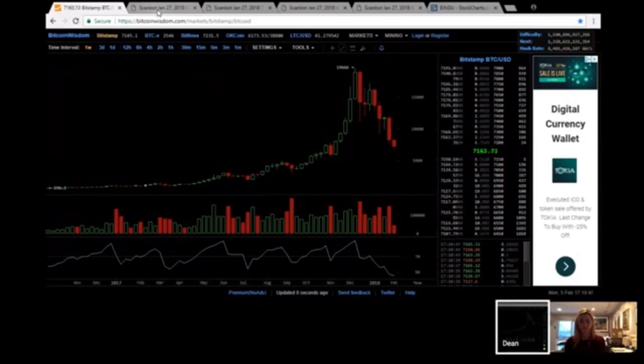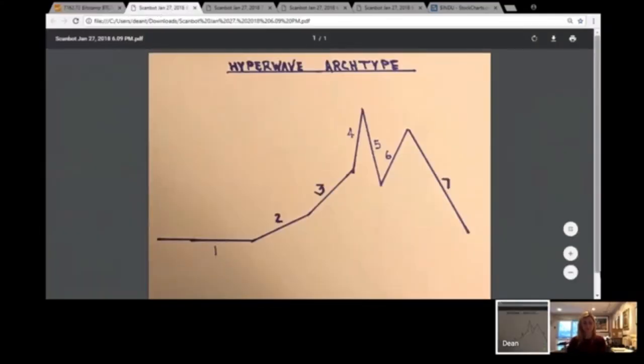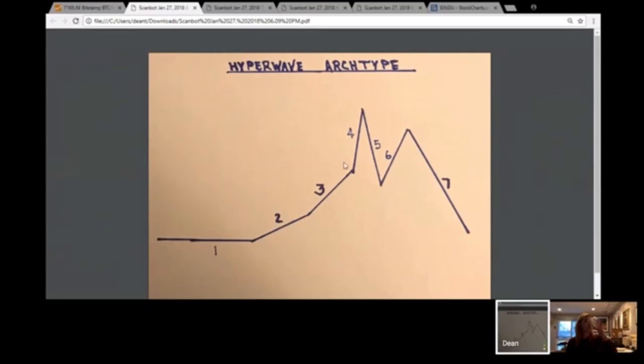So we keep showing you this chart, which is our hyperwave model. All of the 300 or so hyperwaves that I've identified over the last 40 years do this same thing. 1, 2, 3, 4, up, 5, down, 6, up, 7, way, way down, all the way back to the beginning.